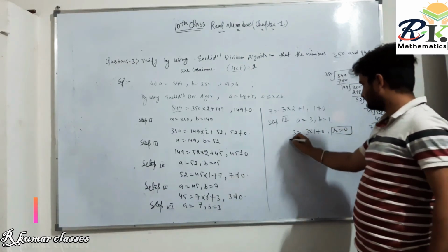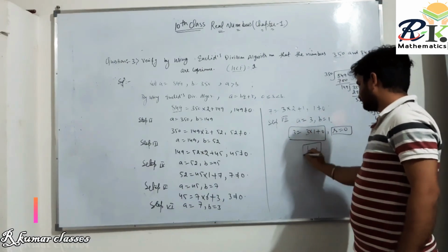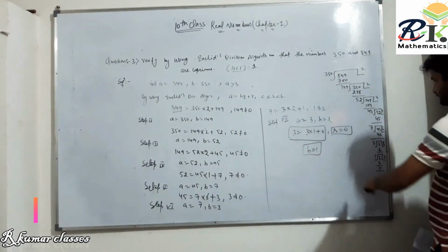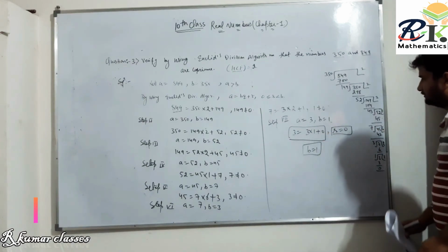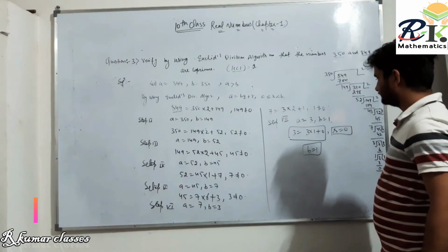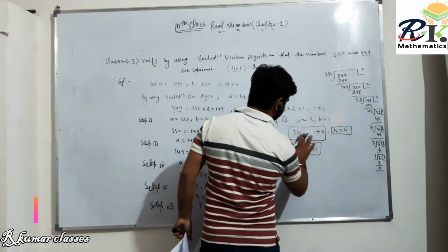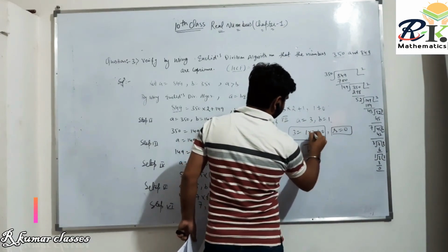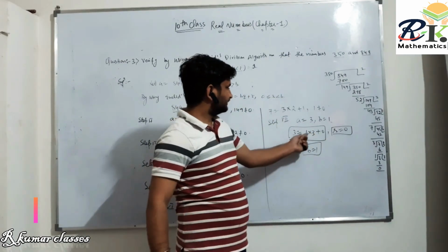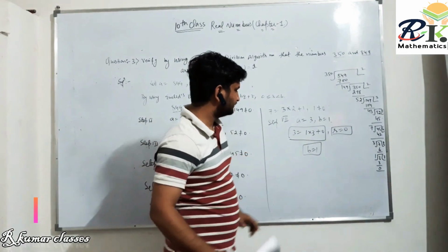So in step 7 we see that b is 1. b is 1, so we say that 3 is the quotient. We can write it also like that, 1 into 3. So 1 is b, and in the last step b is equal to 1.